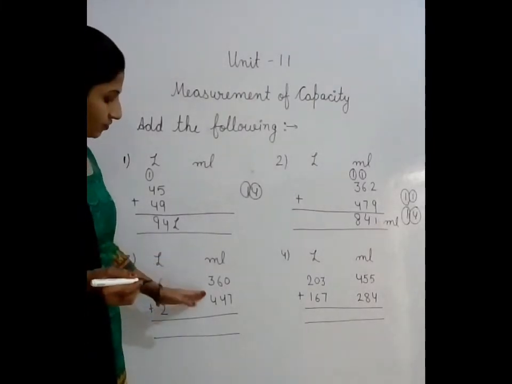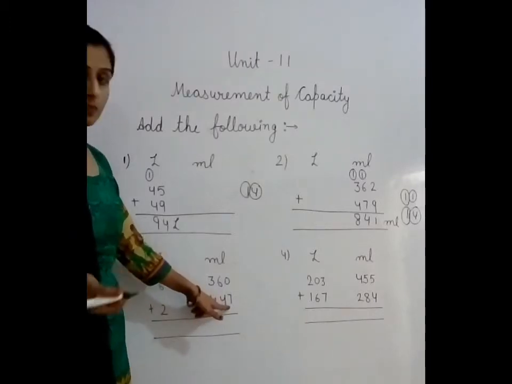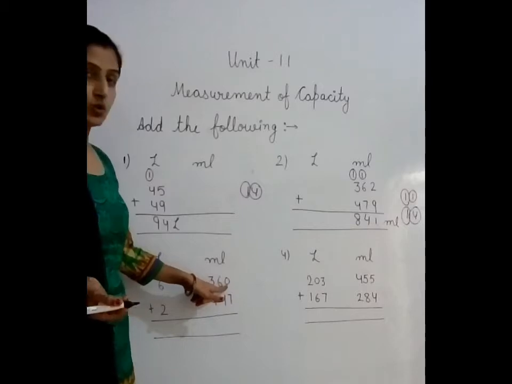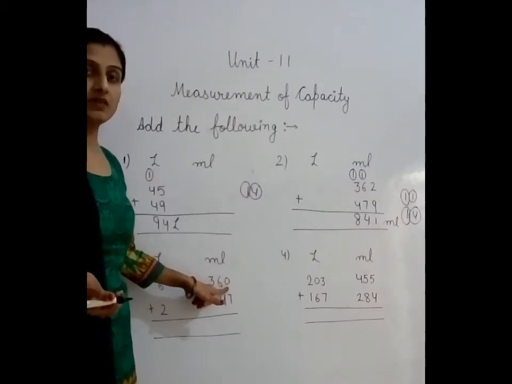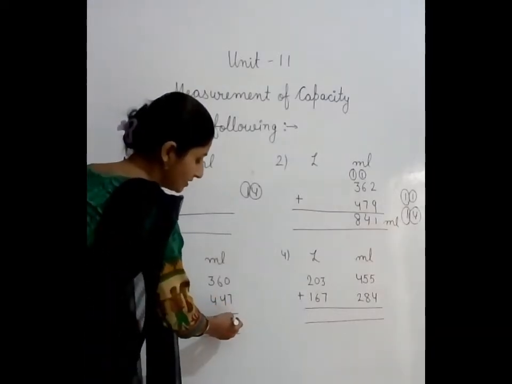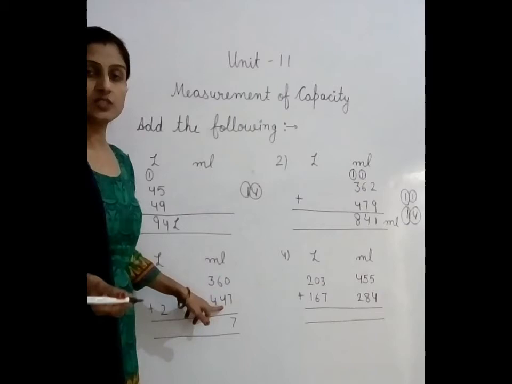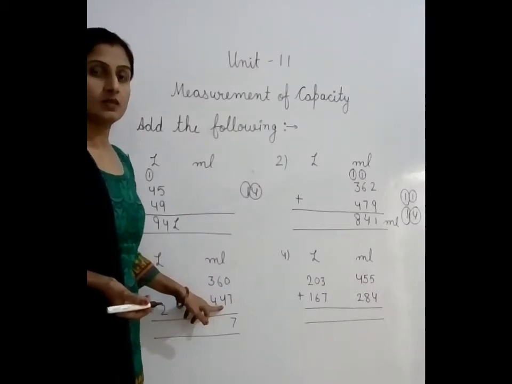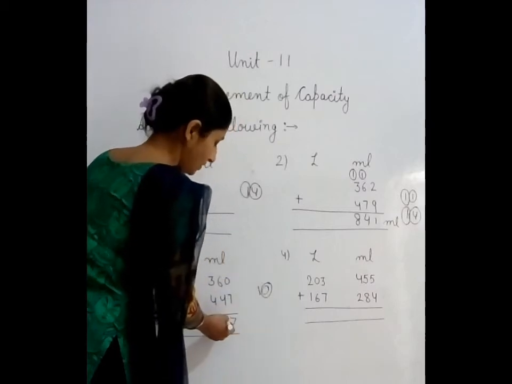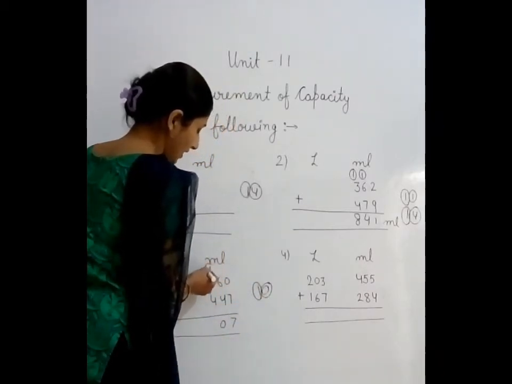See the next one. Add starting from milliliter side. 0 plus 7. 0 plus 7 is, if we add 0 to any number, what is our answer? Answer is number itself. So we write here 7. Now 6 plus 4. 6 plus 4 is, yes, 10. So this 0 we write here and this one is carry over here.